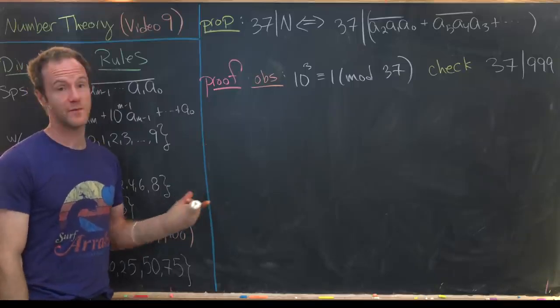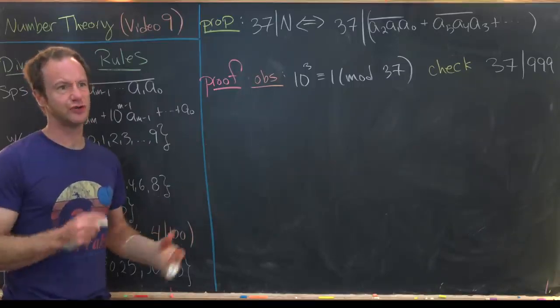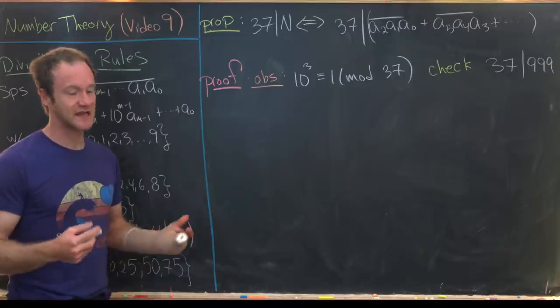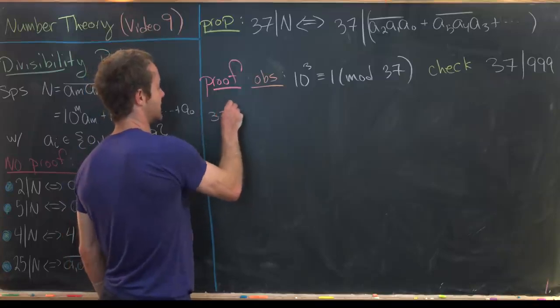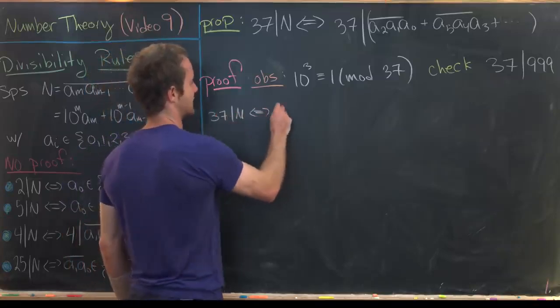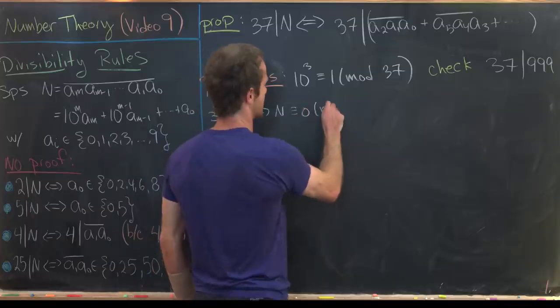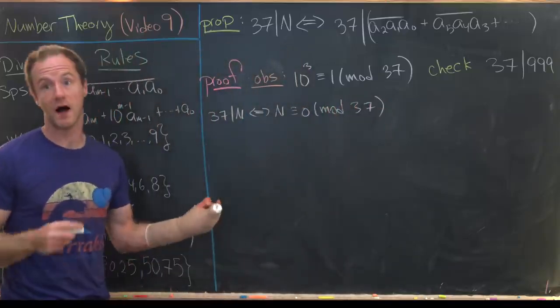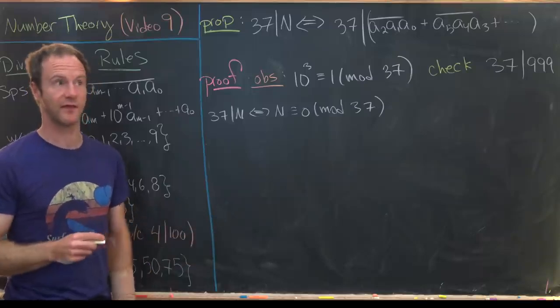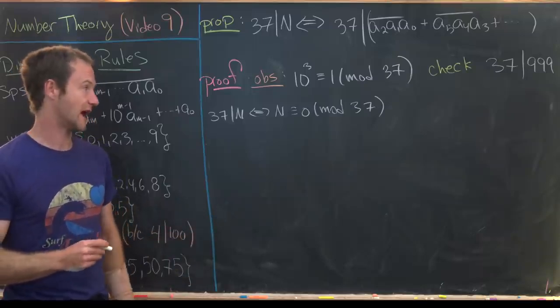Okay, but from there, we can just do essentially the same strategy that we did for the other proofs. So notice that 37 divides n if and only if n is congruent to 0 modulo 37. We're going to work mod 37 just like we worked mod 3, 9, or 11 as needed.